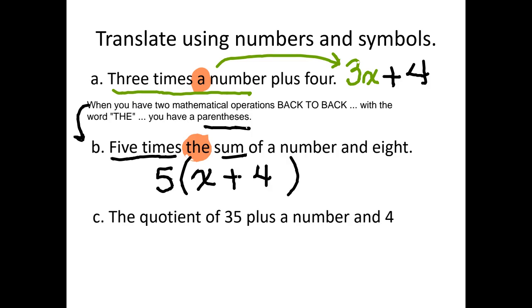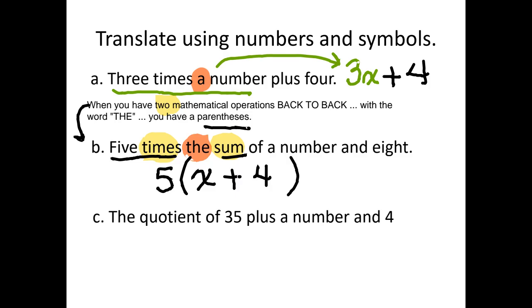The is different because notice we have 2 mathematical operations. We have the word times and we have the word sum. If you look at A, we just have the word times a number. There's not 2 mathematical operations. That's what you have to watch out for.